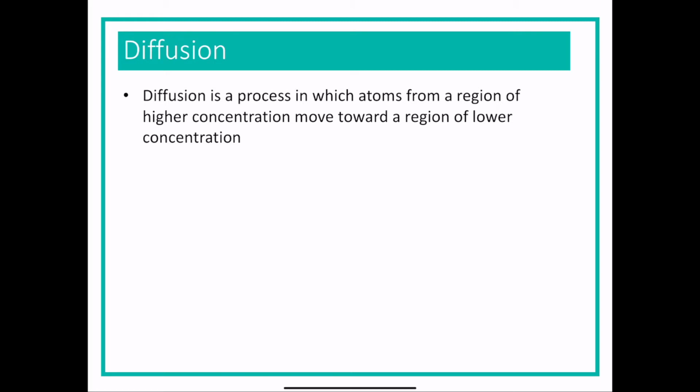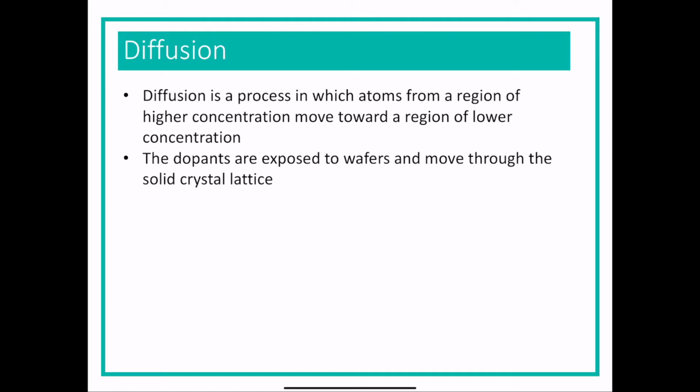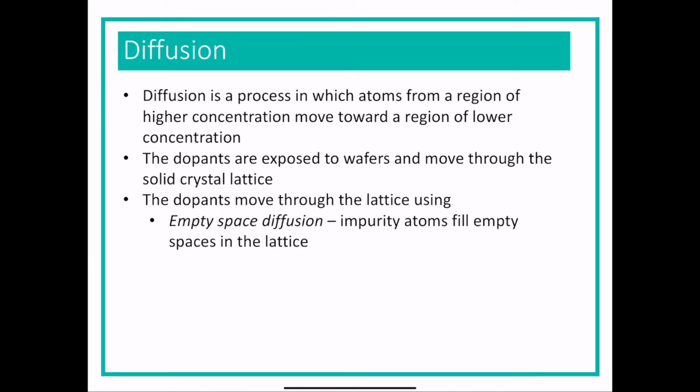And what happens is wafers, just intrinsic silicon wafers, are exposed to these dopants, and then they move through the solid crystal lattice in whatever way they do. There's a couple different ways they move into the lattice. One is something we call empty space diffusion, and that's basically the impurity atoms find empty spaces and stay there.